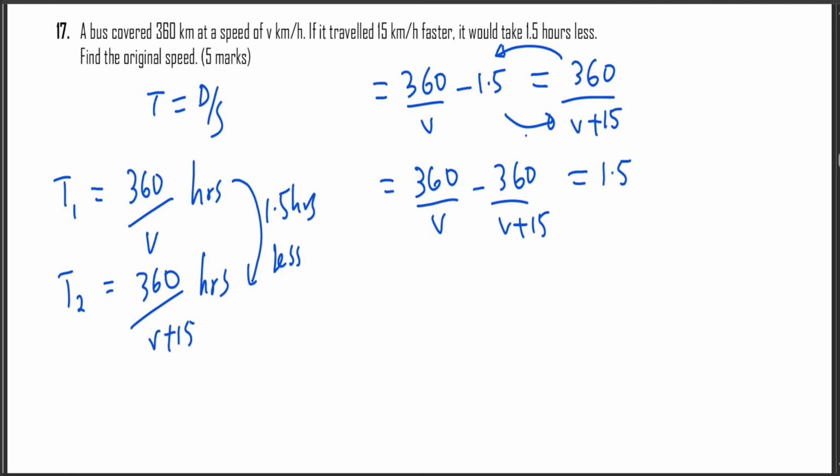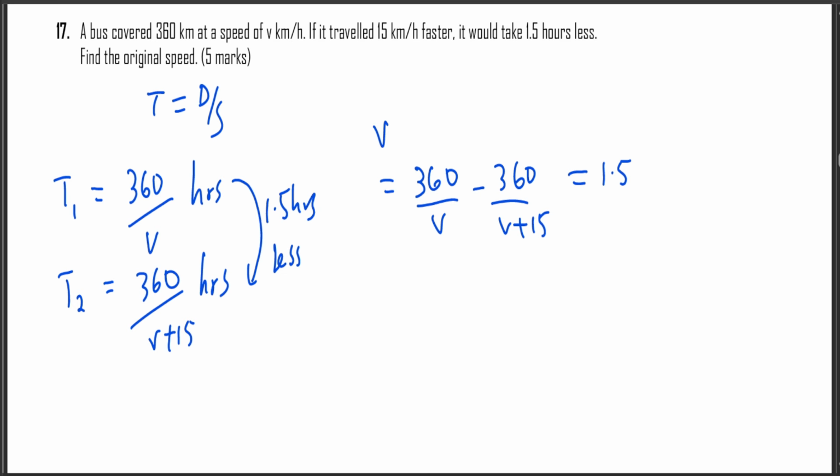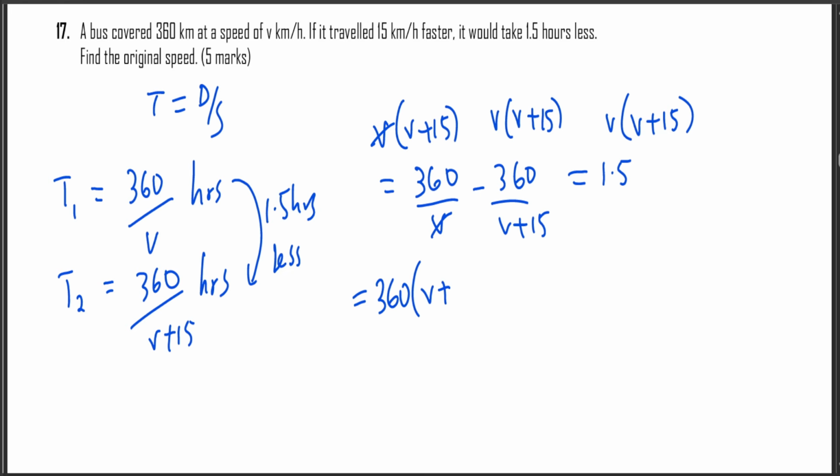Now let's multiply each term by the LCM, which is v times v plus 15. This and this will cancel out, so we just remain with 360 times v plus 15. This and this will cancel out, so we remain with minus 360 times v, which is minus 360v.